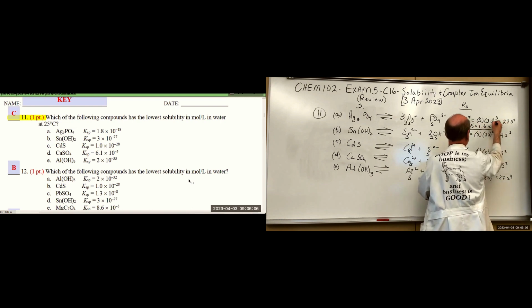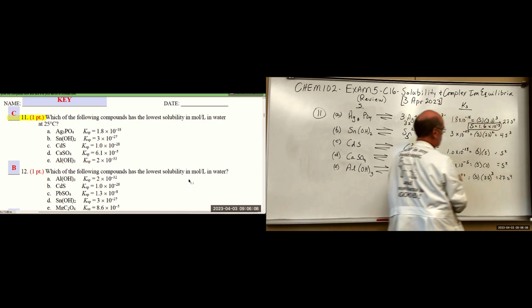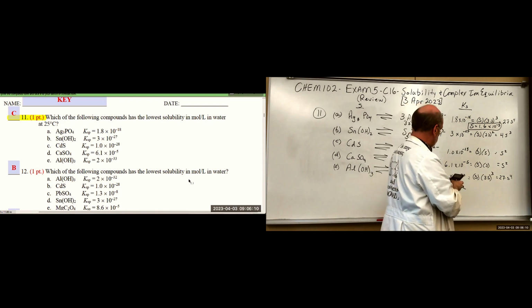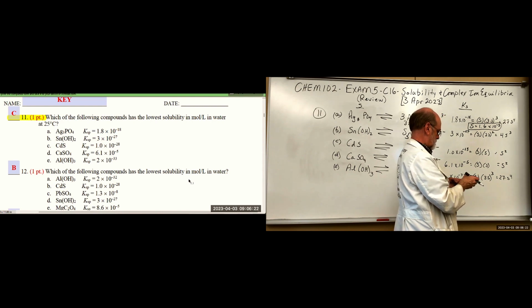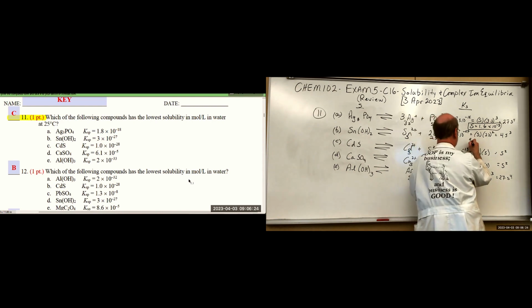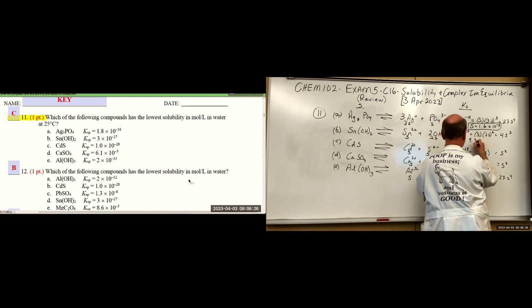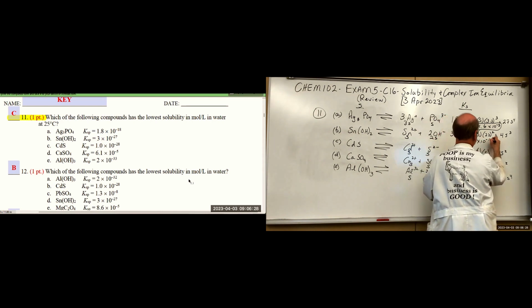Let's outline those so we can separate them. This one will be 3 exponent 27 negative enter. Then we divide by 4 and take the 3rd root. So 0.333. And this one is 9.3 times 10 to the minus 10.